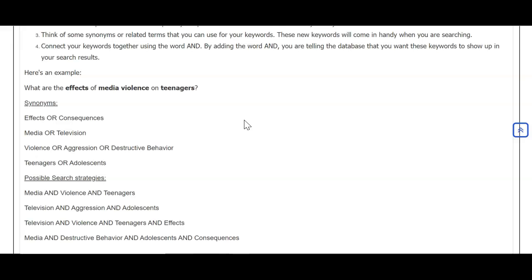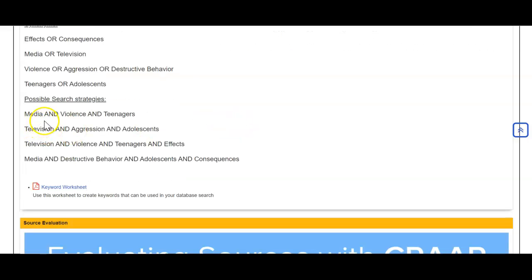You may want to go to 3 different databases and try the exact same few search strategies. But the way most library databases are organized, you'll see they have what we call Boolean operators. Really, it's just the words and, or, not. It helps you combine all of the keywords.